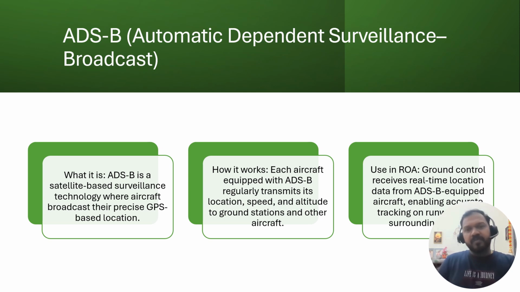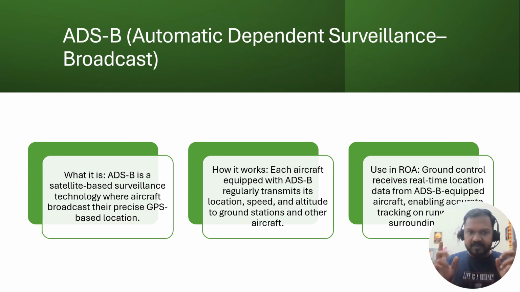Then automatic dependent surveillance broadcast, ADSB. ADSB is a satellite based surveillance technology in which the aircraft broadcasts its location and identification. In general, this system is built into the aircraft.